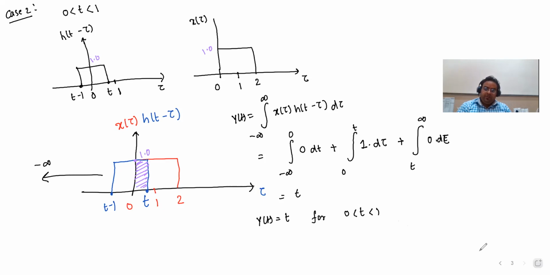Okay. Now for the next part, case number 3 is when we take t greater than 1 and less than 2.